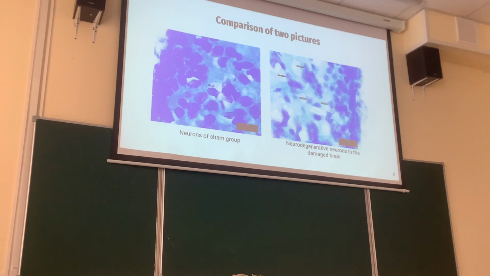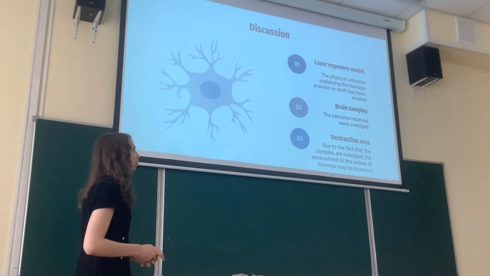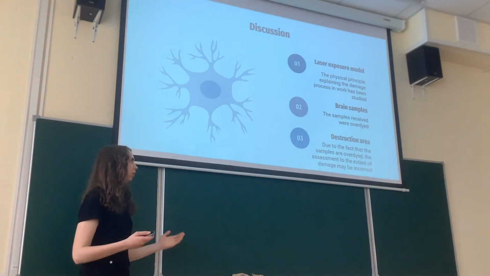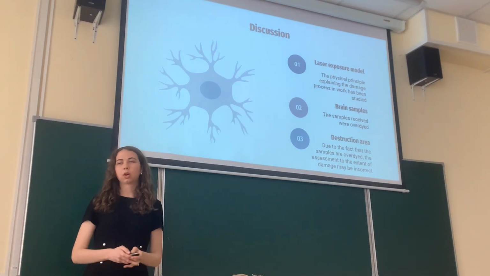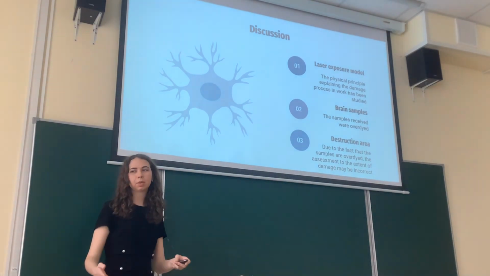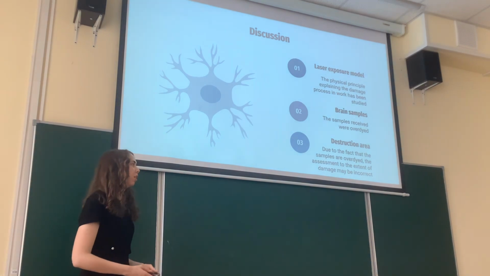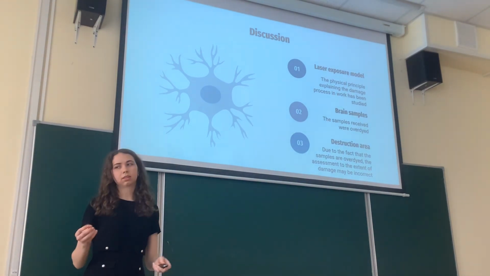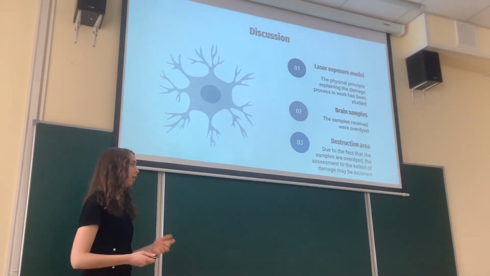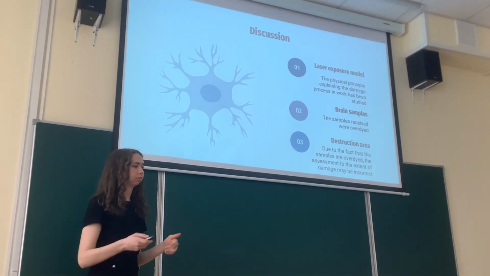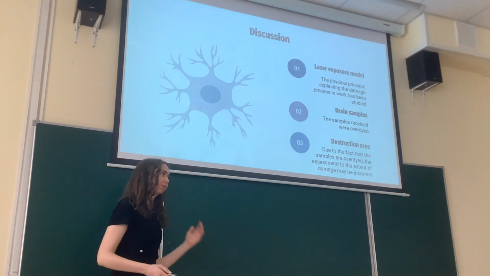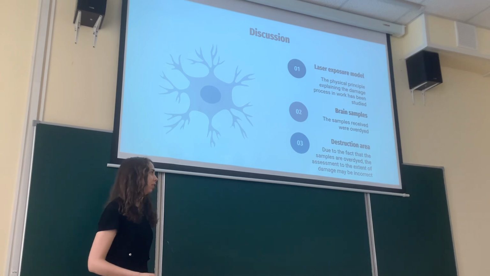As a result, we learned the physical principle that explained the damage to the brain. However, the results are not that promising because the samples that we got were overdyed, which means that we can't really say how the duration of the laser exposure affects the neurons, even though we know the theoretical layouts.